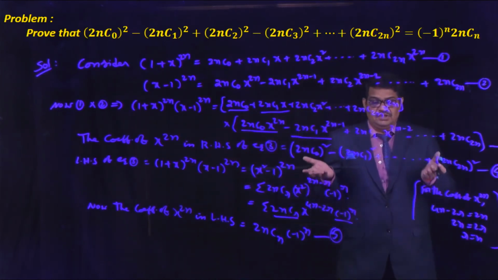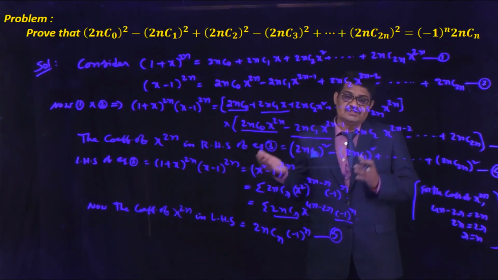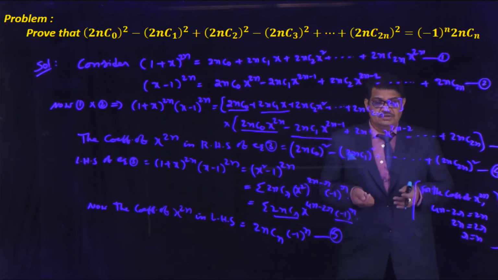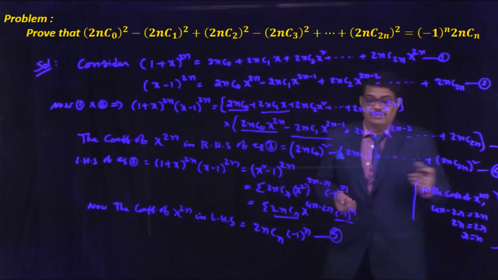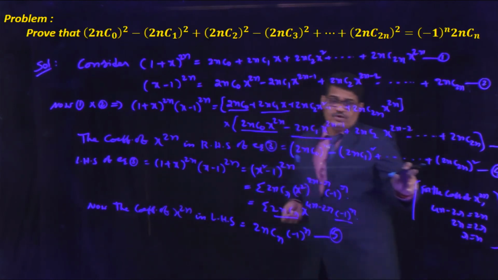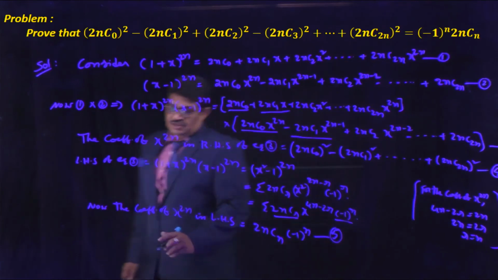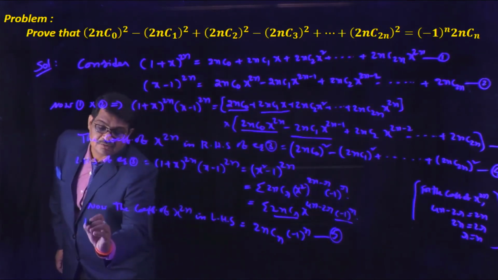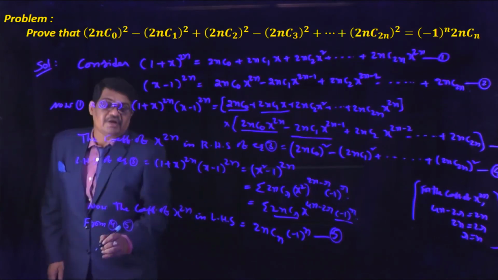So in equation 3, the coefficients of x to the power of 2n in the LHS and RHS are equal. Now we are equating the like terms on both sides. So from equations 4 and 5, we get the result.